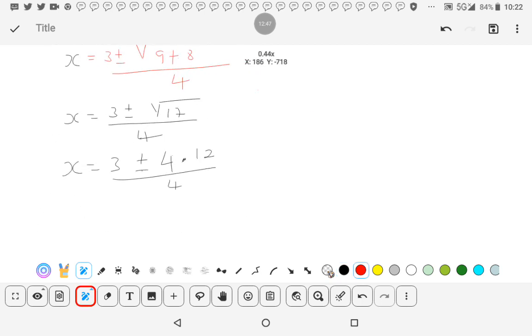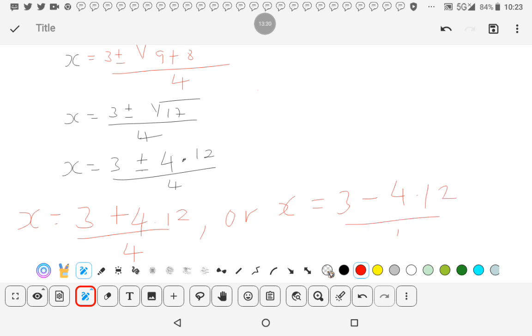So your answer now will be x is equal to 3 plus 4.12 divided by 4, because we have plus or minus, so this time around you take plus, or x will be equal to 3 minus 4.12 divided by 4.